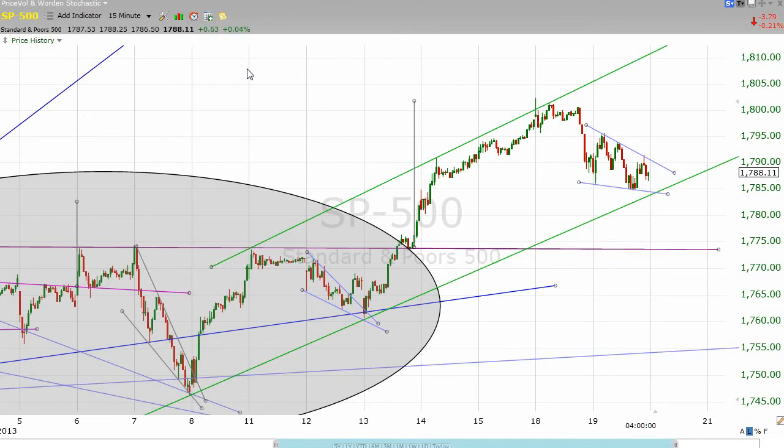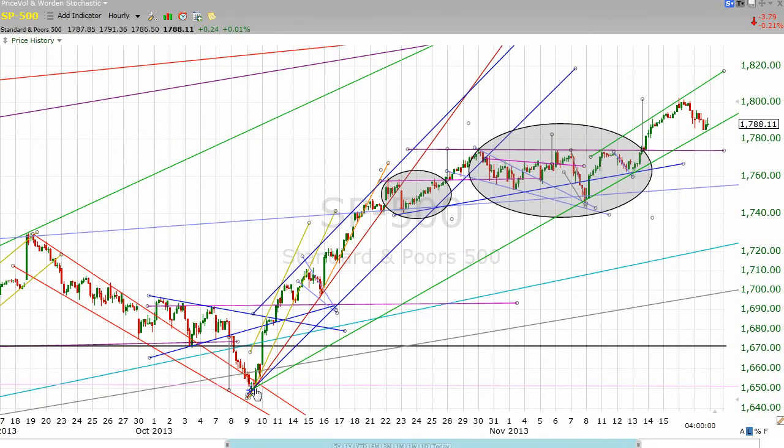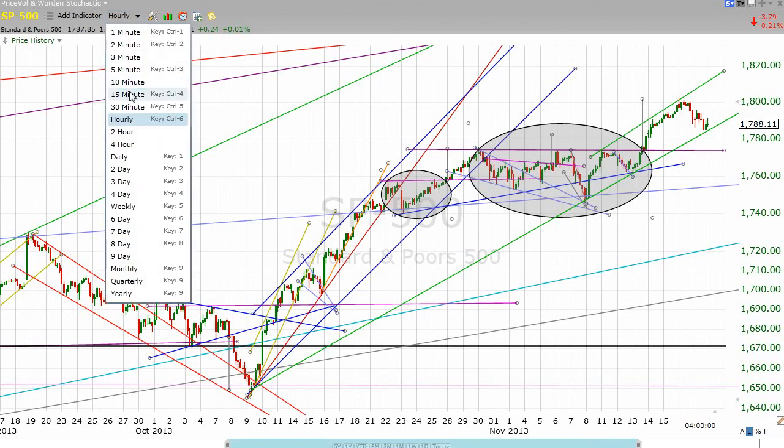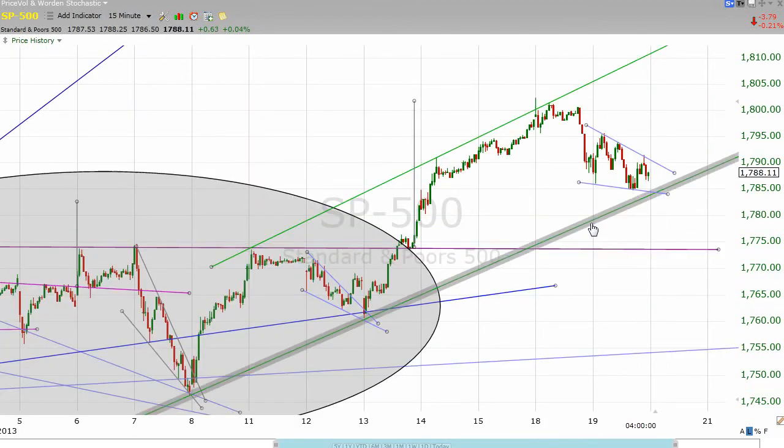So that's why I have drawn our channel lines, our resistance line and our support line. Additionally, this line just so happens to go all the way back to our October low. But here it is today, which is where we need to be concerned about it.